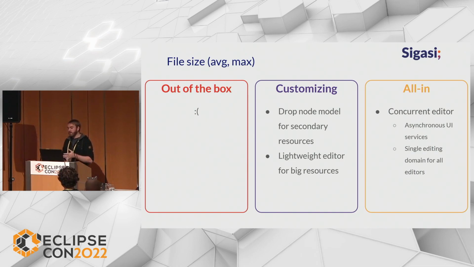Currently at Sigasi, we've actually moved to a completely concurrent editor. This is similar to how VS Code works. The editor is completely disconnected from the UI services, and from the compiler services. If the compiler services are struggling to catch up, our editor is no longer affected. It's eventually consistent if you wait long enough.